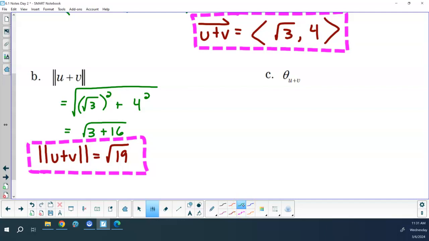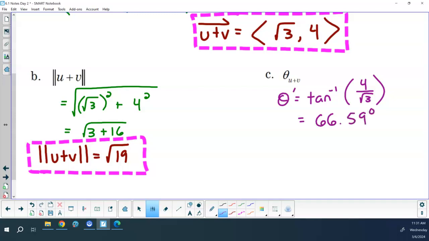My direction angle is going to be, whoops. I get 66.59 degrees.